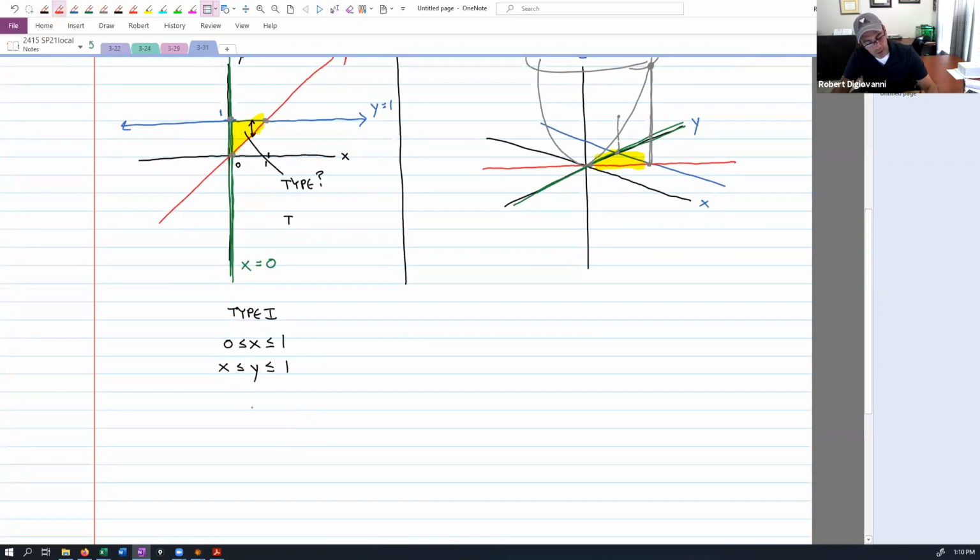So what we're doing from last class is we're saying our x is stuck between 2 numbers, a and b, and our y's are stuck between some function of x, g1 of x, and g2 of x. So this is this, and this is this.